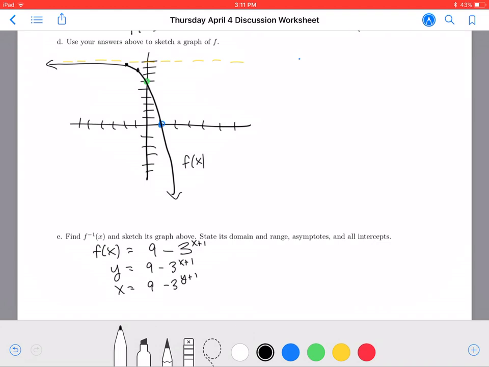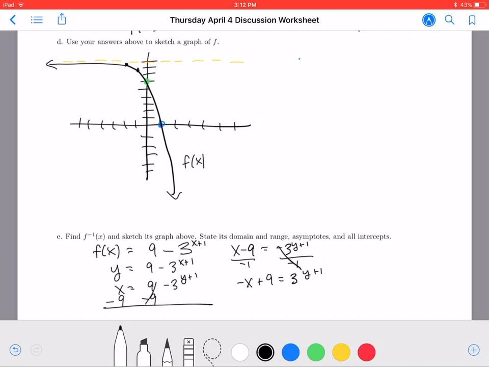So first thing I'm going to do is move the 9 to the other side. So I get x minus 9 is equal to negative 3 to the y plus 1. Then, because I don't like dealing with this negative, I'm just going to divide everything by a negative 1. So this would be negative x plus 9 is equal to 3 to the y plus 1.